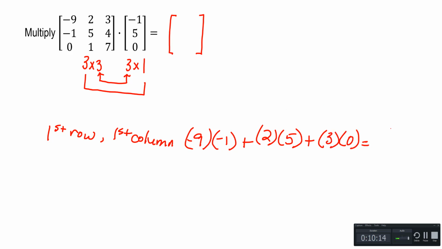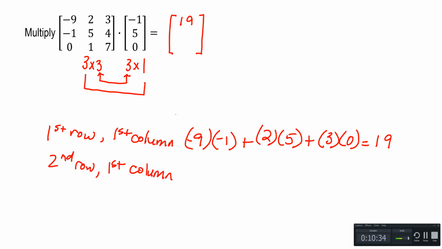And that's going to be -9 plus 10, which is 1. So that will be our first element in the resulting matrix. All right, now we're going to go across the second row, first column, because there's only one.